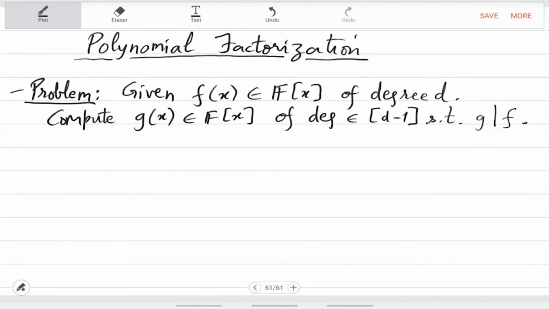So in simple terms, f is given and you want to find a non-trivial factor g. Non-trivial means that it should not be a constant, it should be at least linear, so degree 1, and it should not be the full thing, so it should be at most degree d minus 1. And we want practical algorithms for this, which means your algorithm should take poly(d) many F operations.